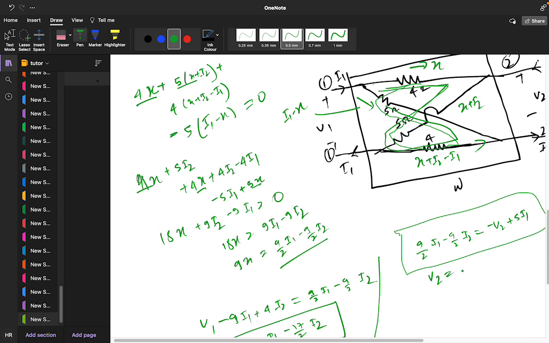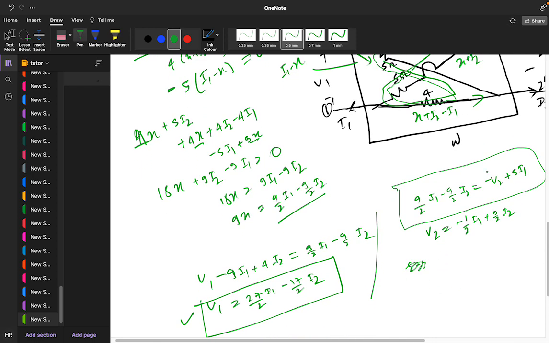Minus 1 upon 2 I1 plus 9 by 2 I2. We'll get this, 5 minus 9 by 2. So 9 by 2 minus 5, we are getting minus 10 plus 9, minus 1 by 2.